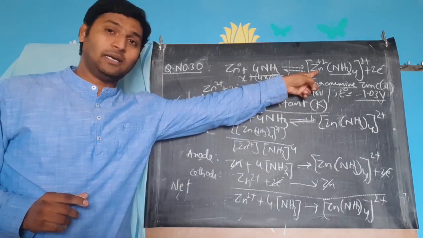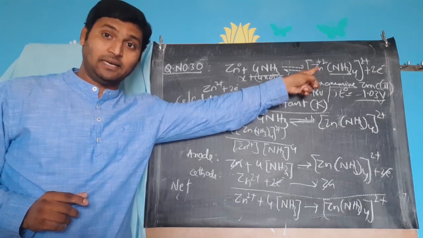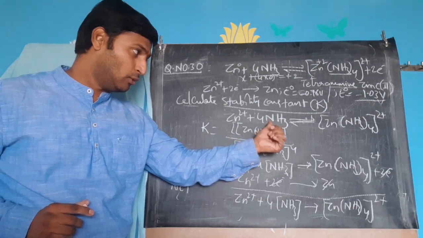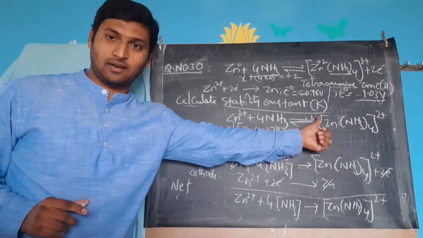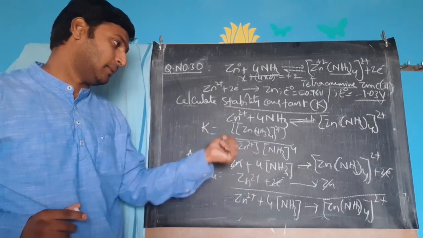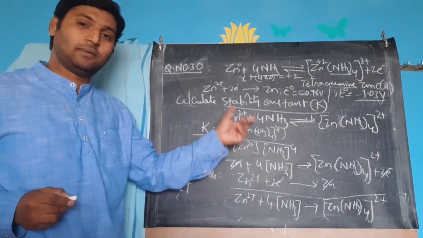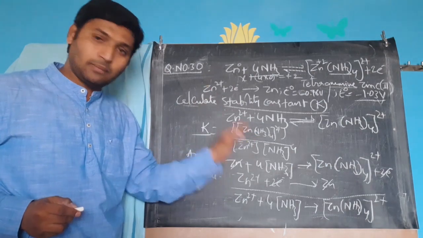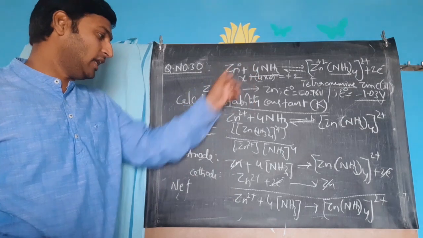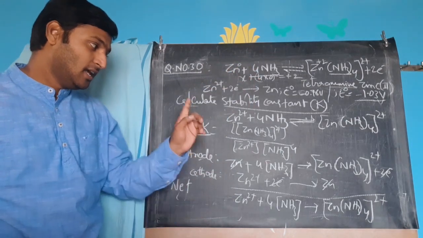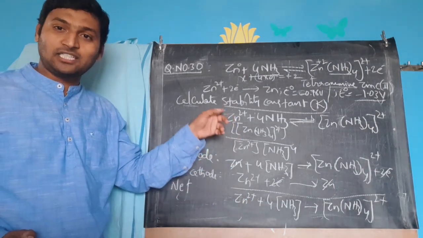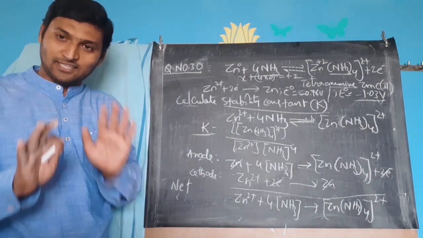Here the central metal is not a metal atom, it is a metal ion. So that metal ion combining with 4 moles of ligand ammonia to form the complex is the formation reaction. So the equilibrium constant expression obtained for this equilibrium represents the stability constant. Now I have taken from the given 2 equations the net cell reaction. Now you notice the net cell reaction is nothing but the formation reaction we got. That is where we ended up.